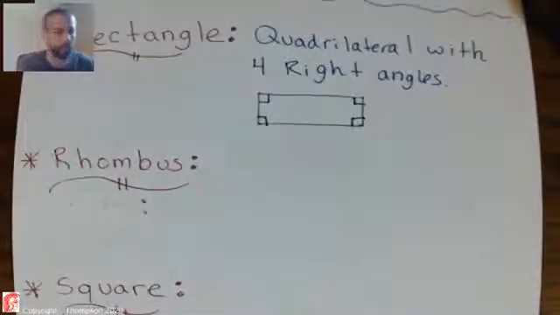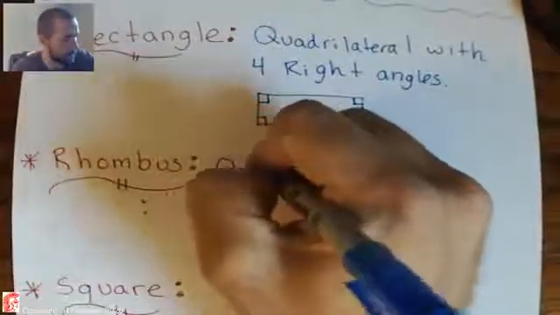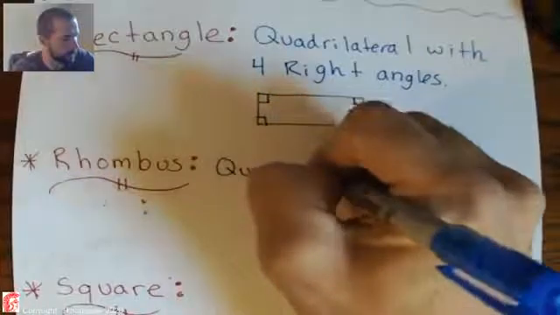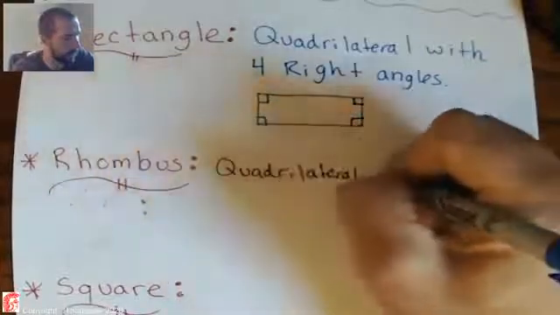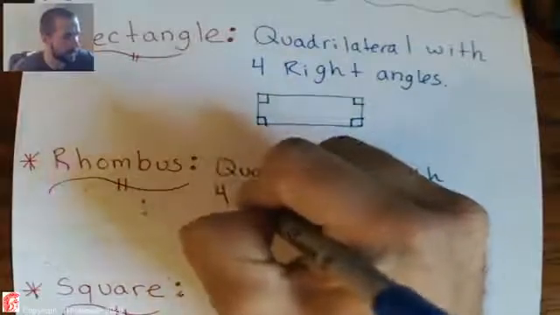All right, so the next one is a rhombus. A rhombus is a quadrilateral, again, has four sides, with four congruent sides.